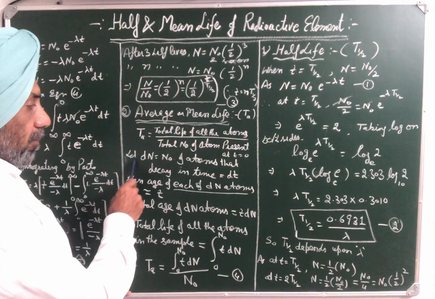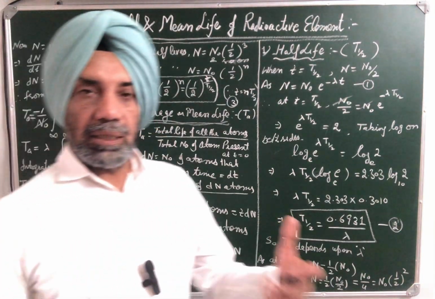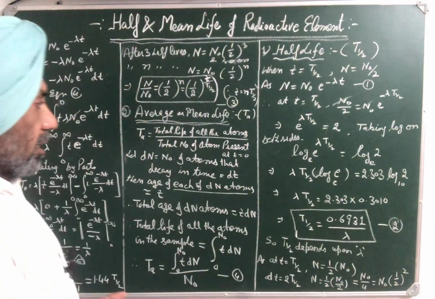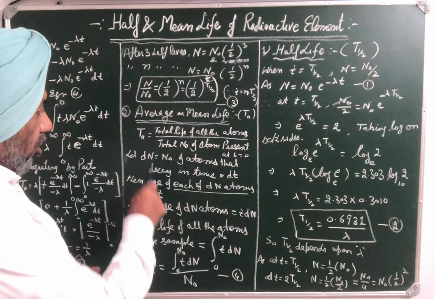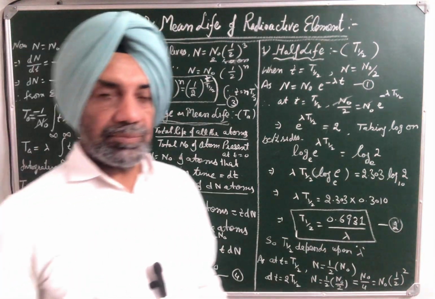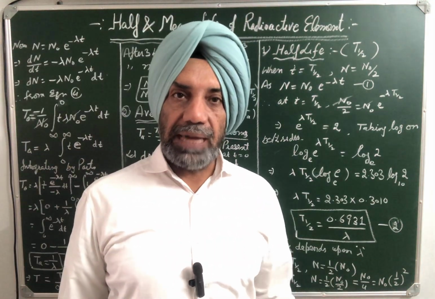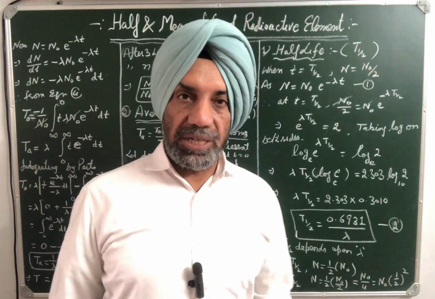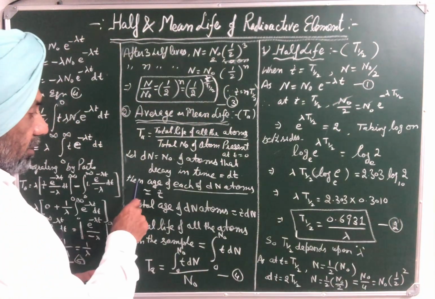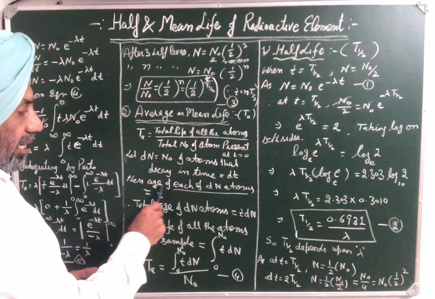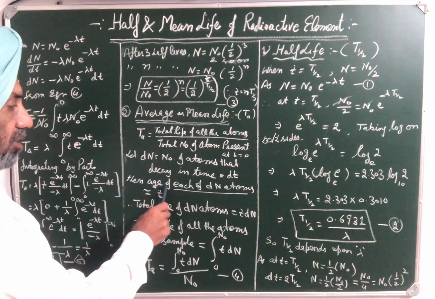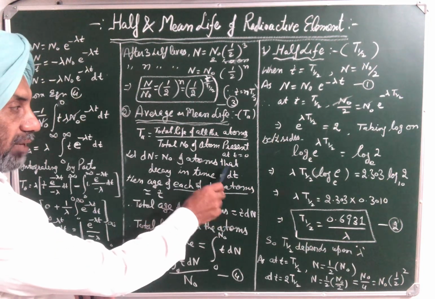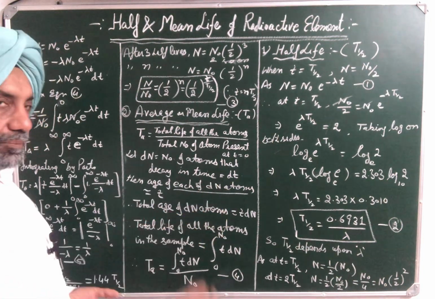Now, suppose dN is a small number of atoms which decay during small time dt. Then all these atoms will have life between t and t plus dt. So we can take average age of each of dN atoms which decay during time dt is equal to t.